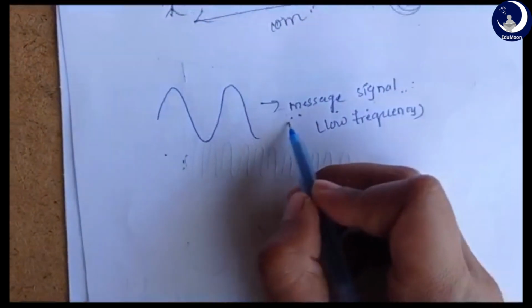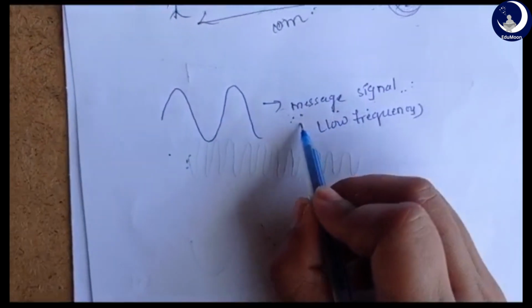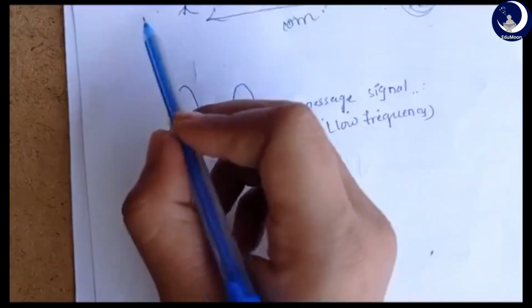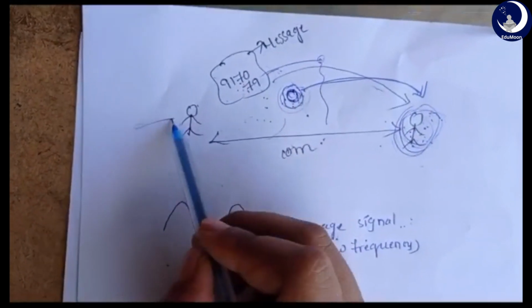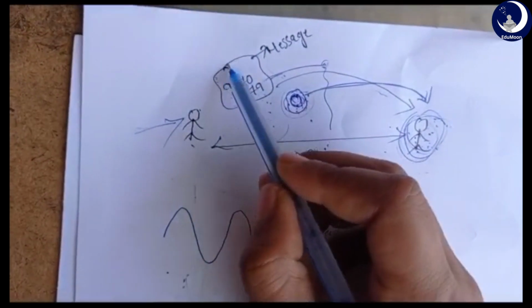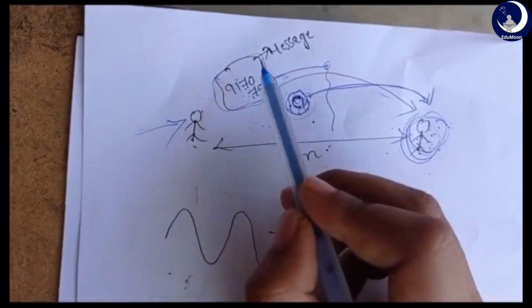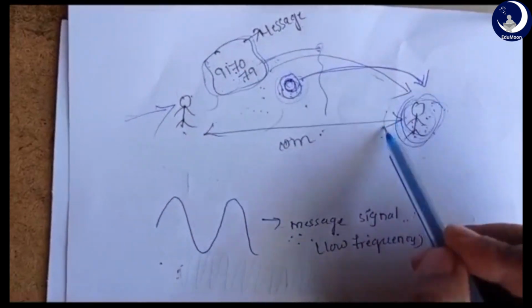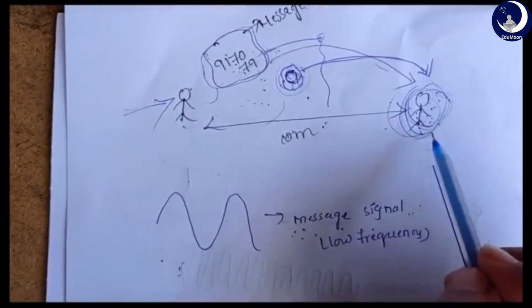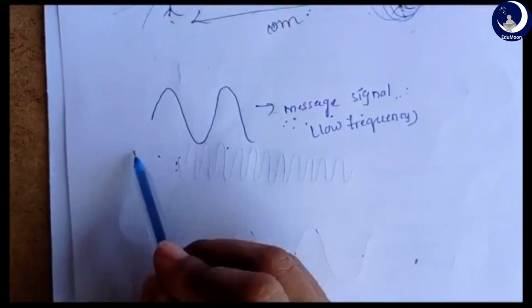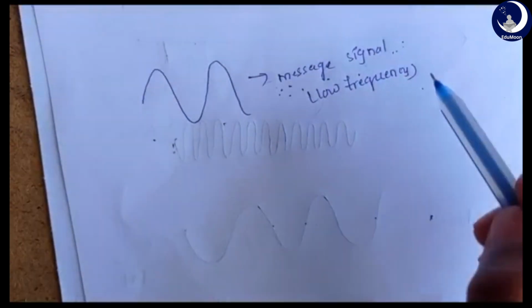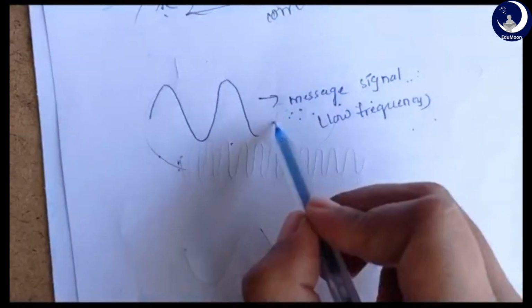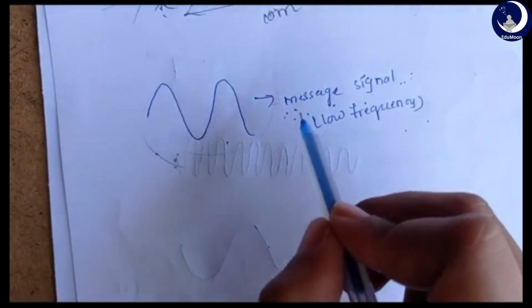As in this case, there is a message written on this paper, right? As the paper is low in weight, it can't travel up to this point. In the same way, in analog communication, the message signal is of low frequency, which means it won't be able to travel a long distance.